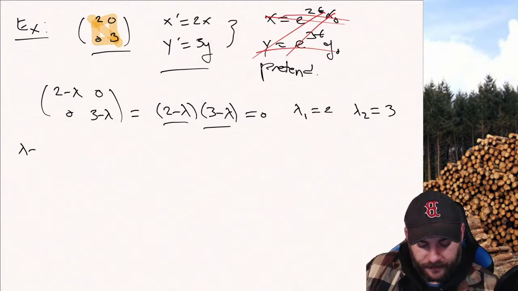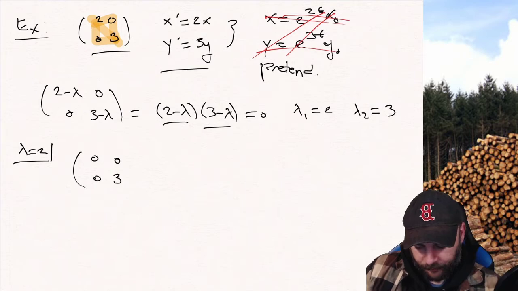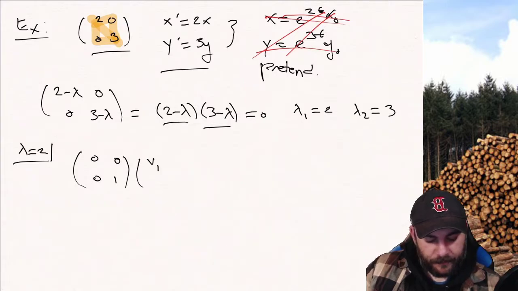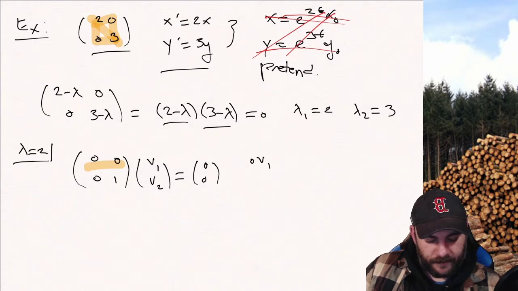All right, so lambda equals 2 is the case I'm going to consider first. My matrix becomes 0, 0, 0, 1, because 3 minus 2. And this needs to be multiplied by a vector, and that needs to equal the 0 vector. Now, if we go through with this first row and multiply it out, I'm going to get 0v1 plus 0v2 equals 0.